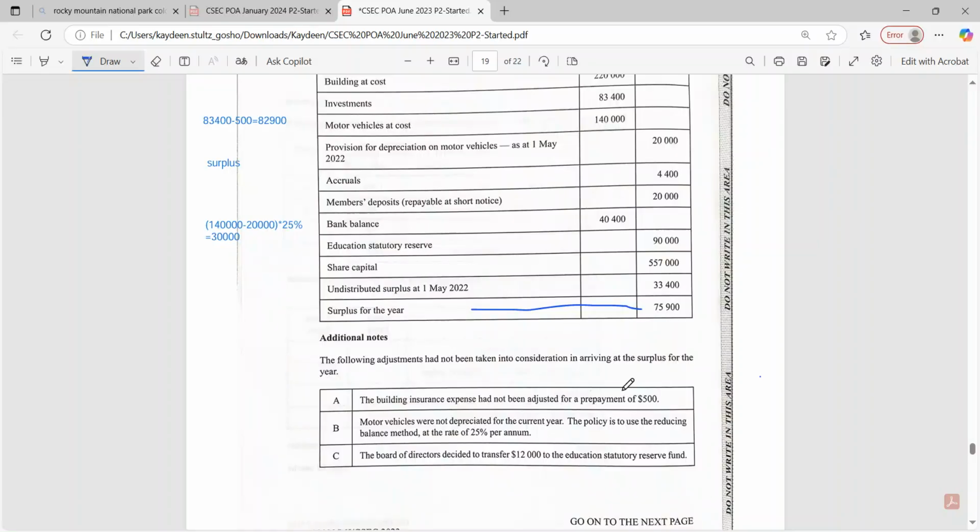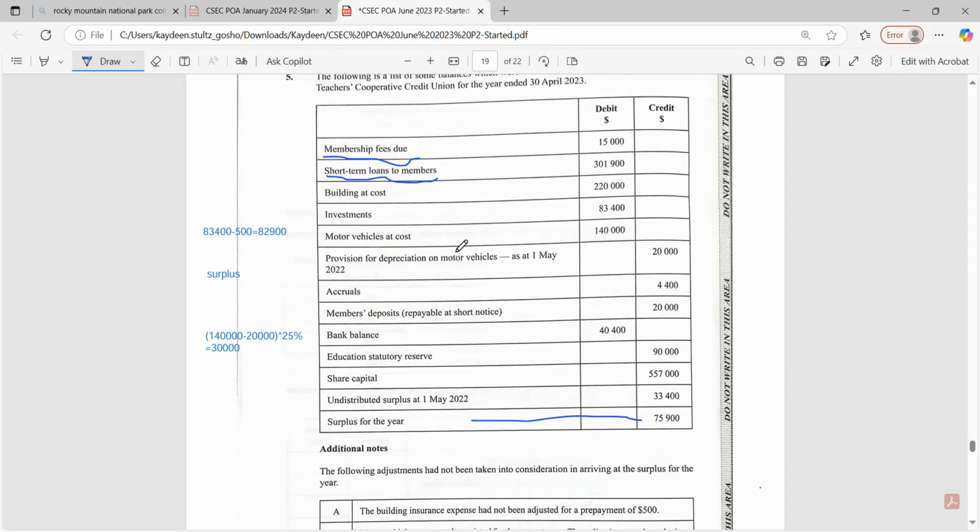Then it says motor vehicles were not depreciated for the current year. The policy is to use the reducing balance method at the rate of 25% per annum. So when you're using the reducing balance method, you have to look for any provision for depreciation. In this question, we have motor vehicles at cost of 140,000, and we have provision for depreciation on motor vehicles of 20,000.